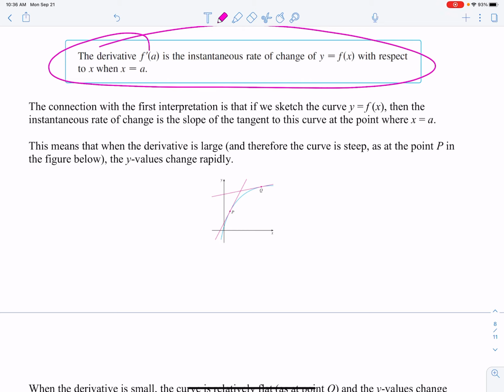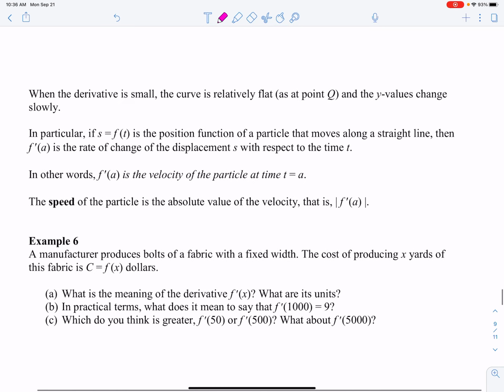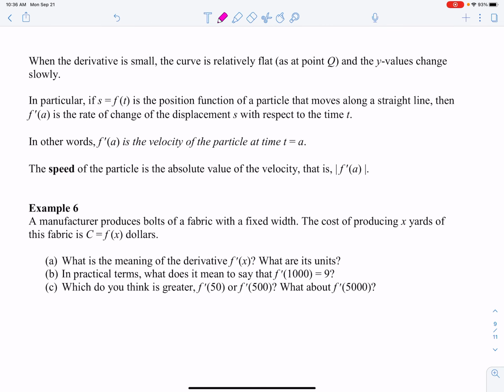This means that when the derivative is large and therefore the curve is steep, as at the point P in the figure below, the y values change rapidly. When the derivative is small, the curve is relatively flat, smaller slope, and the y values change slowly. In particular, if s equals f of t is the position function of a particle that moves along a straight line, then f prime of a is the rate of change of the displacement s with respect to the time t.